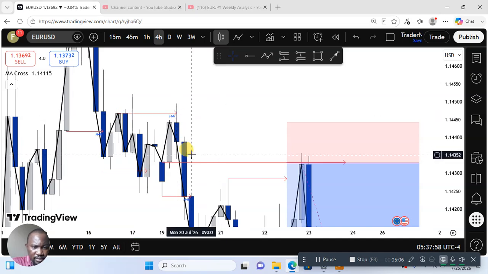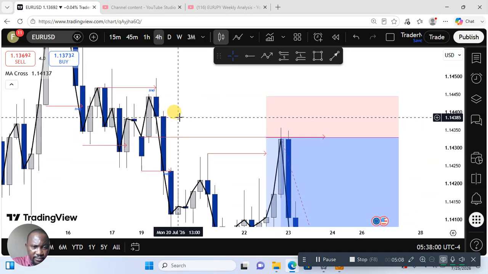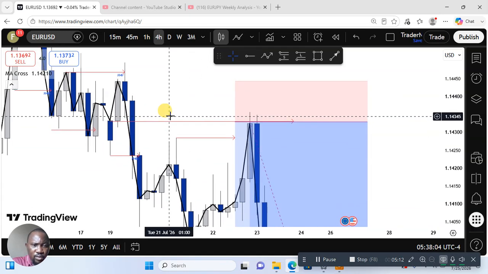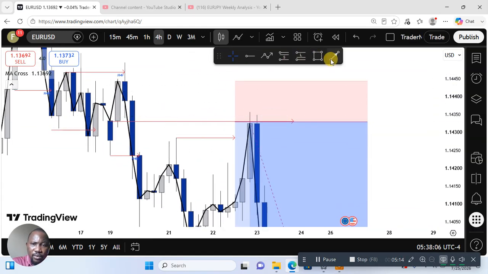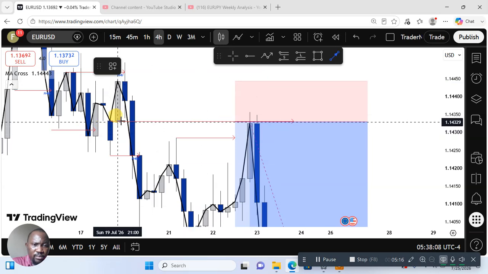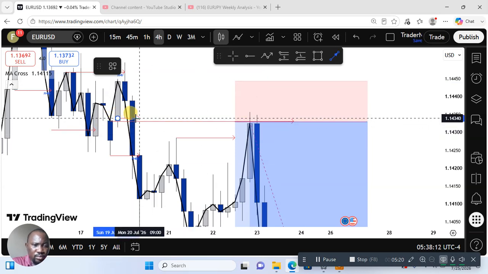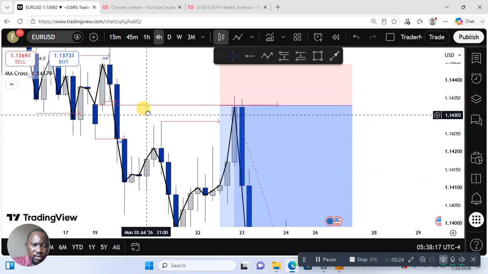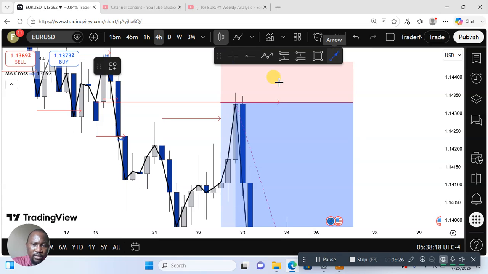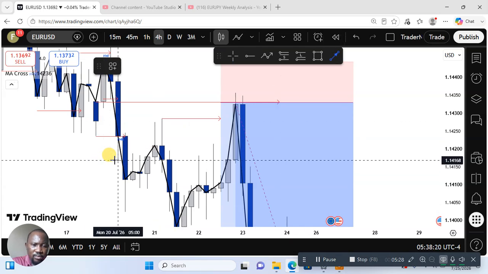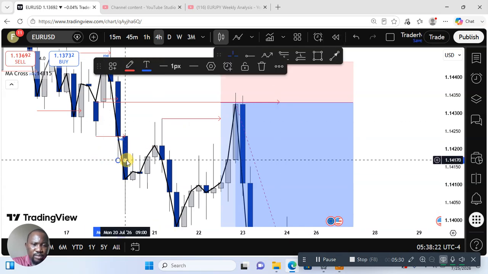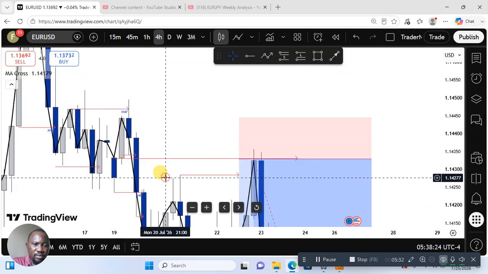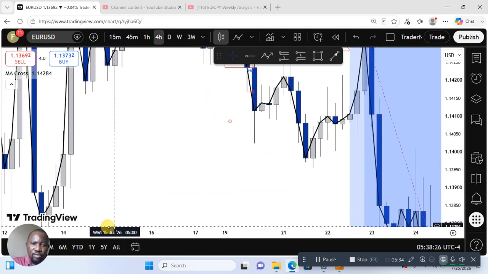Once price reacts, what we do is we wait for a double break of candle. This is the first one, and this is the second one. When we saw the break, we see that what happened here was a small liquidity sweep.